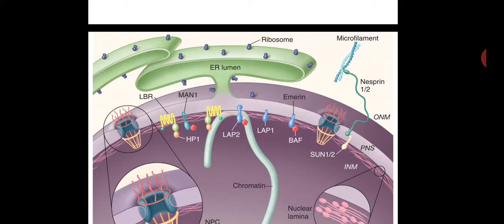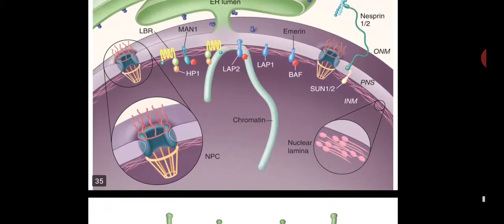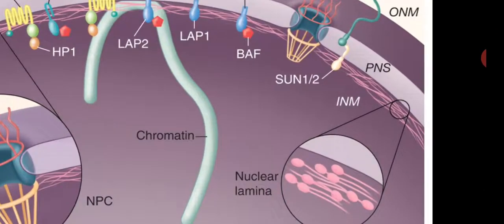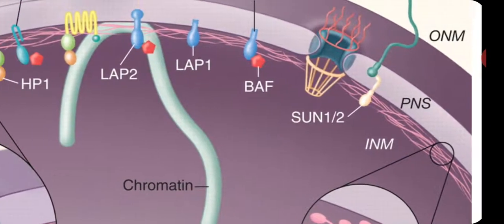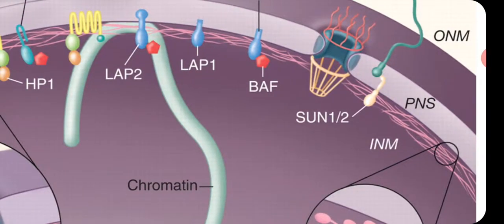Just see in the picture the endoplasmic reticulum, which appears in green color. The outer membrane of the nucleus is continuous with it and studded with ribosomes. And clearly observe here that the inner membrane contains a meshwork of proteins known as lamina proteins, which give mechanical support.